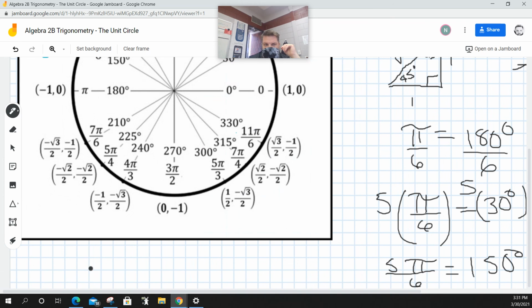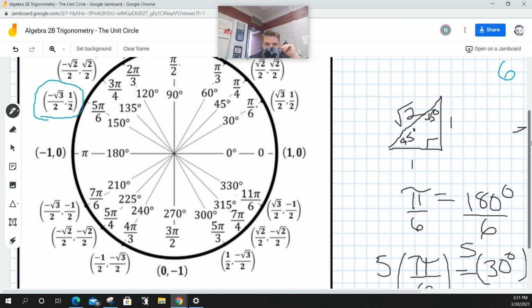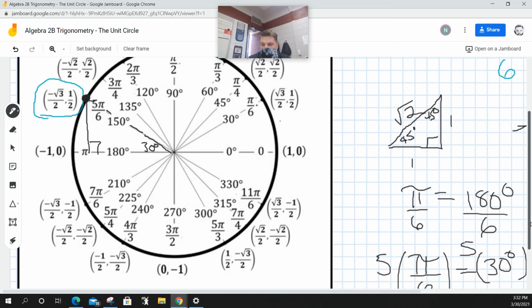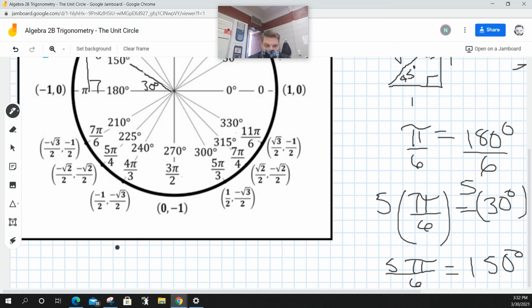So what we end up doing is we have this little triangle right here, this point right here, where this is a 30-degree angle, which is my reference angle. And so we're basically drawing a circle right here to figure out where on the unit circle this is going to be. So on the unit circle, you're going to have a right triangle, and this is the tricky part.